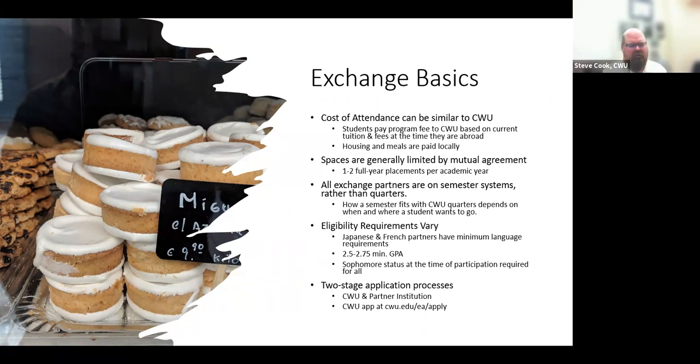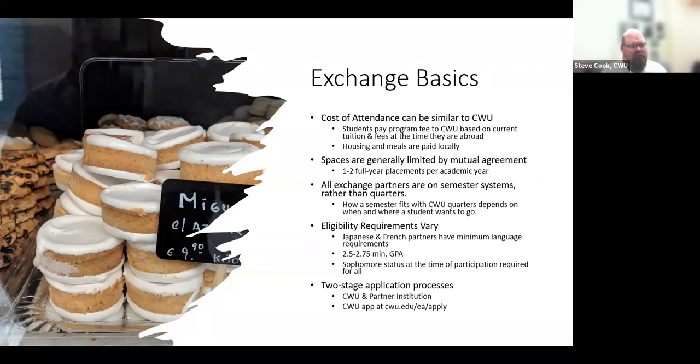The first time you log in, you'll be asked to answer a few questions, confirming a few pieces of information, and then the next time you log in, you won't have to do that again. It'll just take you right to the dashboard. That also includes more information about our exchange partners, as well as links to websites for classes, for accommodation, things of that nature.